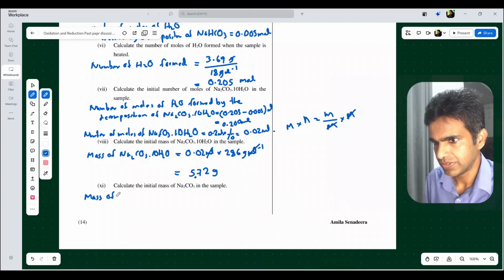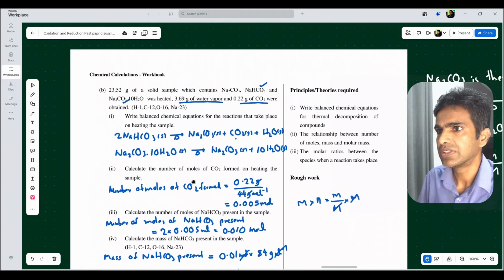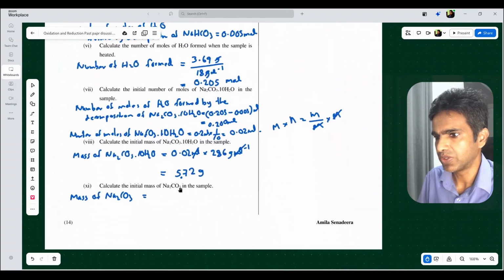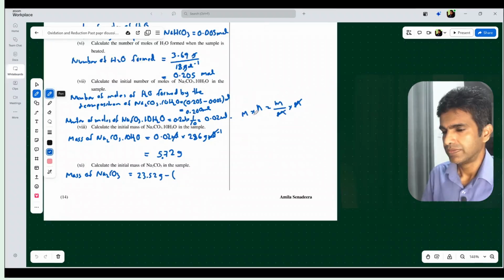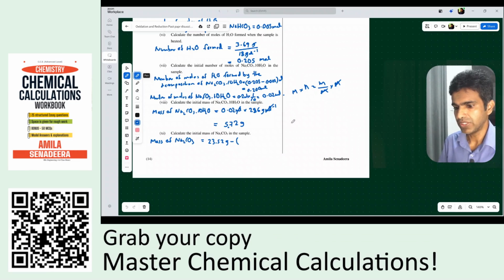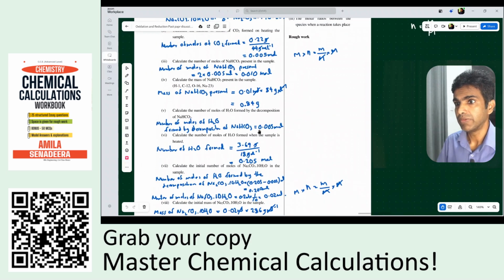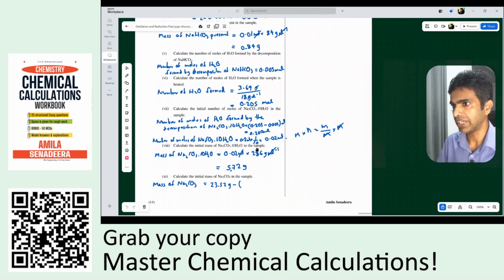Mass of sodium carbonate. So total mass was 23.52 grams. Then mass of sodium bicarbonate present in the sample was 0.84 grams.